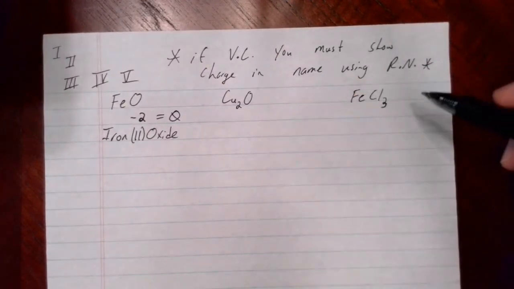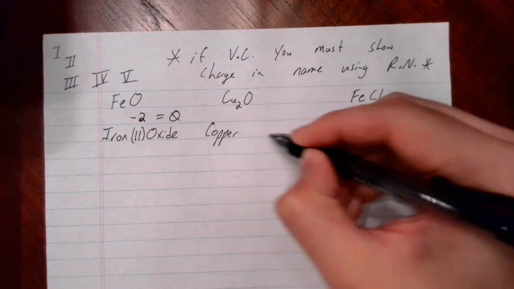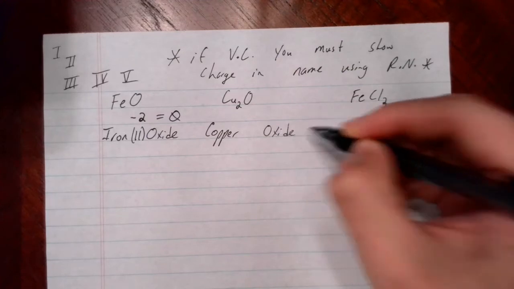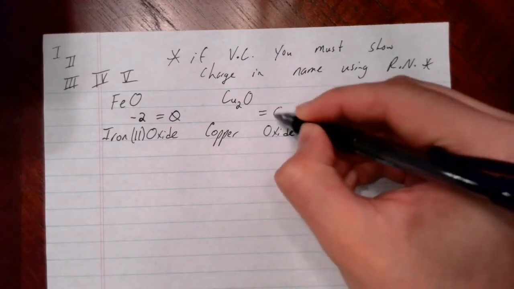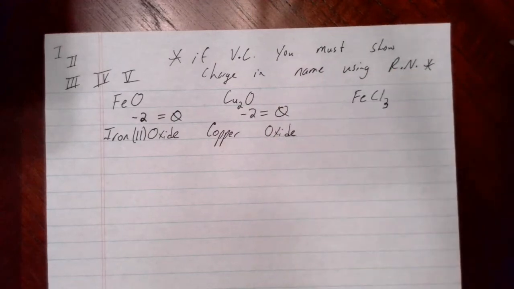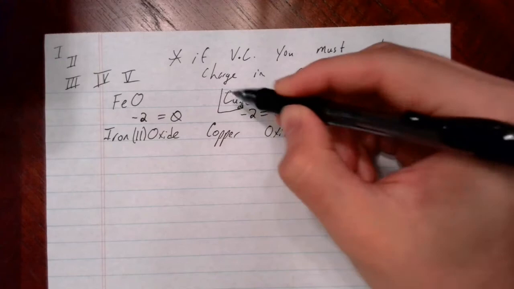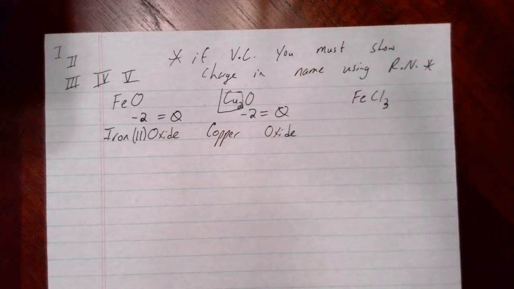So let's try another one. Let's do the easy part first. Do what I know. Copper oxide. I know their charges have to equal 0. I know oxygen's charge is -2. So the total charge of these two coppers has to be +2.